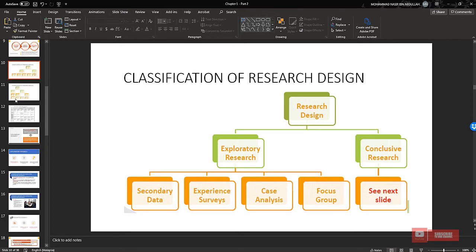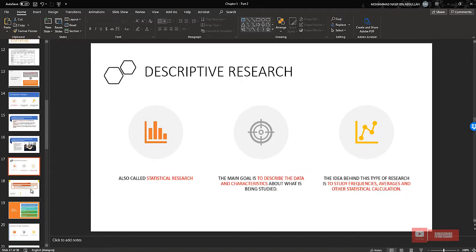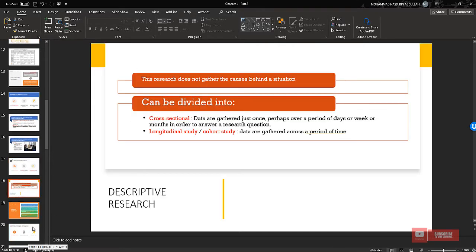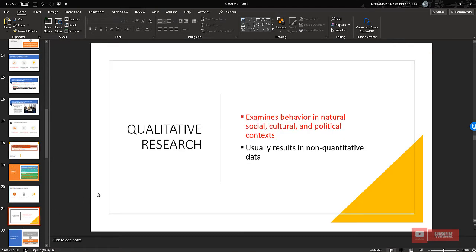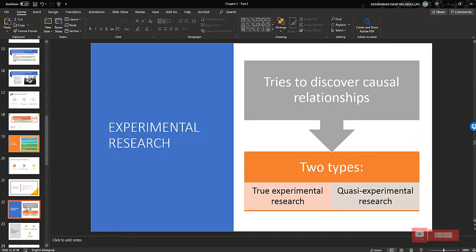Secondary data means from a literature review, experience survey, case study, and focus group. So this is basically non-quantitative data, right?